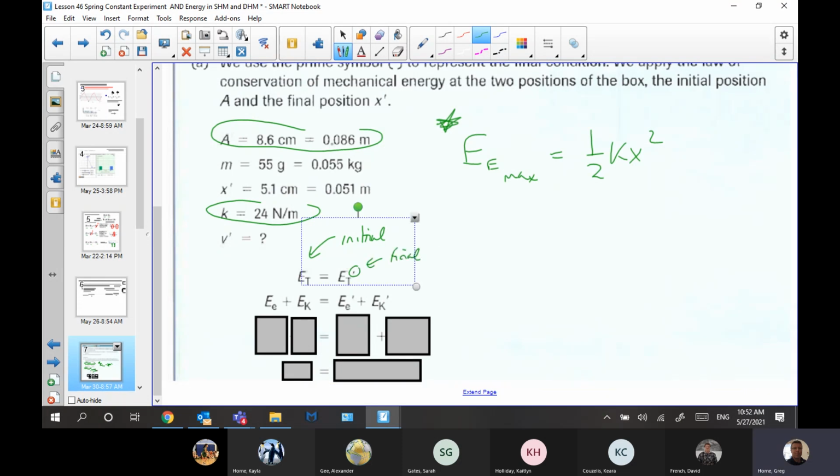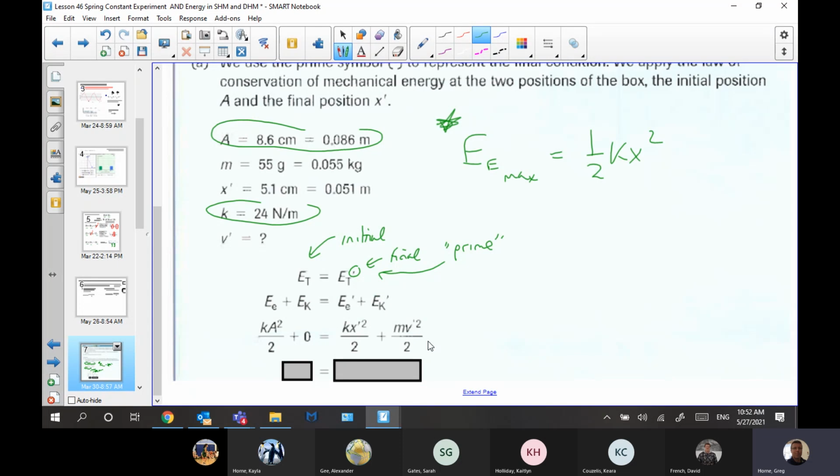They use this prime. Prime just means like the apostrophe, but that's just what they call it. So when you're saying EE prime and EK prime and so on, that means finals.